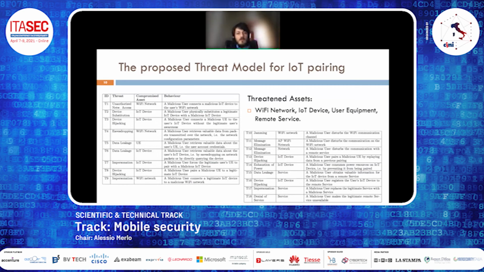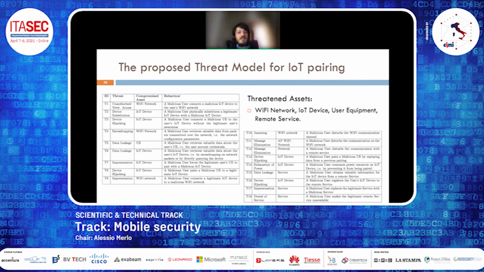As I said, this is a threat model-based methodology, and this is an excerpt. This is a piece of our threat model that we enriched with the threats concerning the IoT pairing. And this model is enriched with extra attributes that we removed for space reasons, such as the confidentiality, integrity, or availability attributes, or the STRIDE classification.